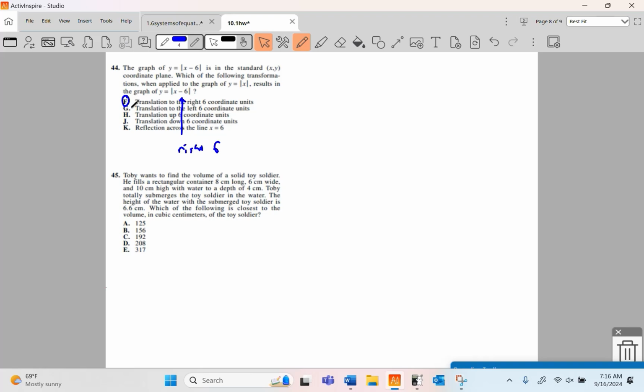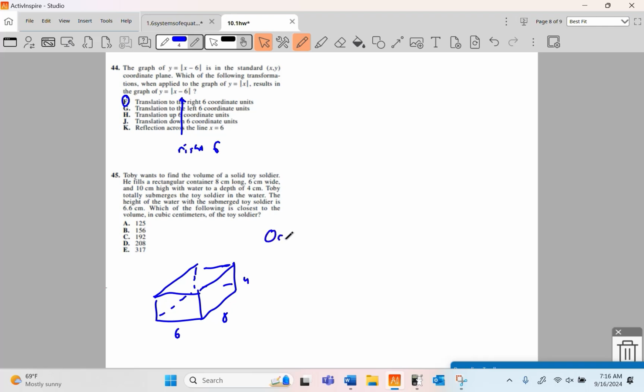Toby wants to find the volume of a solid toy cylinder. He fills a rectangular container 8 centimeters long, 6 centimeters wide, 10 centimeters high with water to a depth of 4 centimeters. So here's your original tub here. He only went up 4 centimeters, but it's 8 centimeters long and 6 centimeters wide.